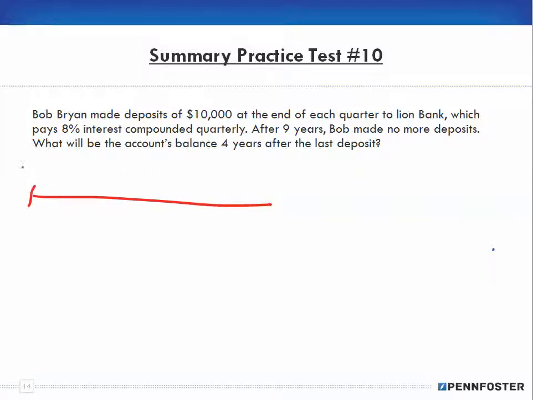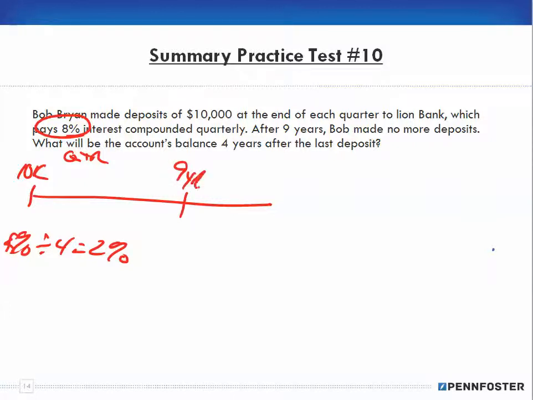He's going to make deposits of $10,000 at the end of each quarter, at 8% interest. So 8% divided by 4 is 2% compounded quarterly, and that's going to be for 9 years. Nine years times 4 is 36 periods that he's putting $10,000 in for each and every one of those periods.